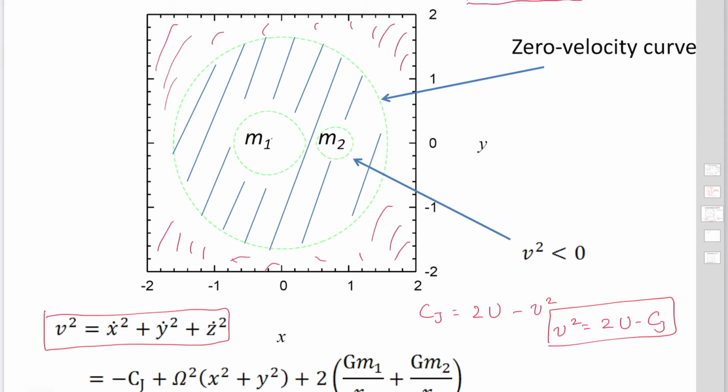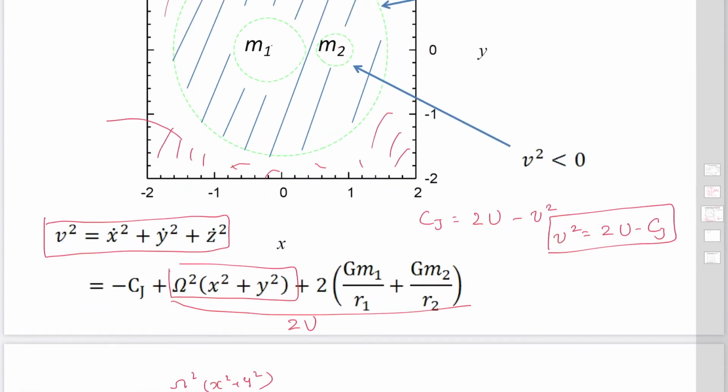Then the first term of the 2U becomes a really big number. In these regions, v squared becomes a positive value, so this means particles are allowed to move in these regions.